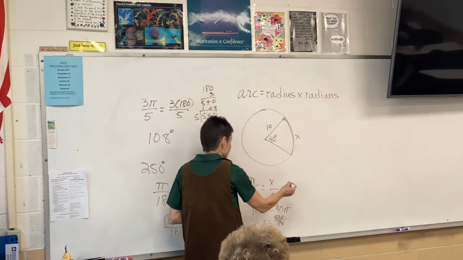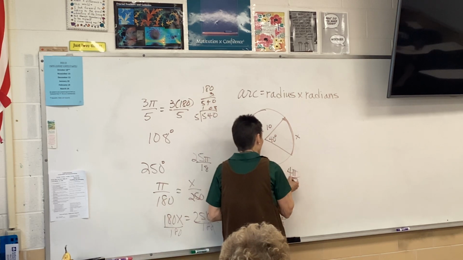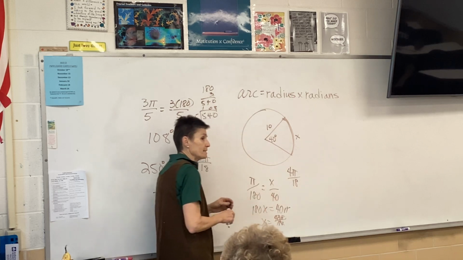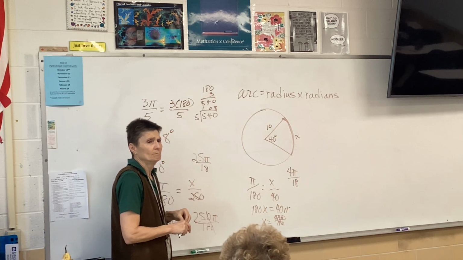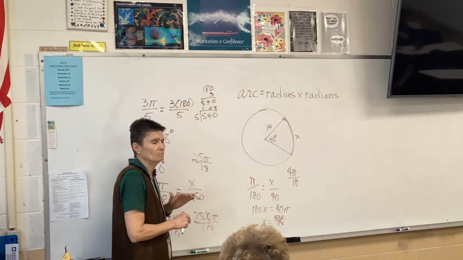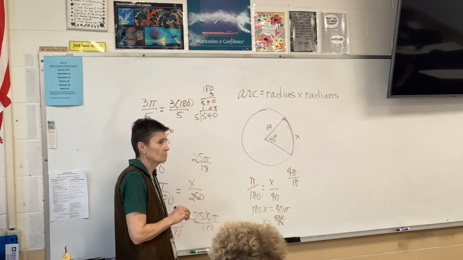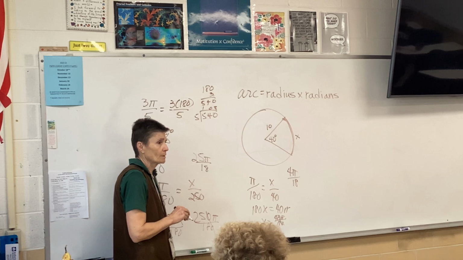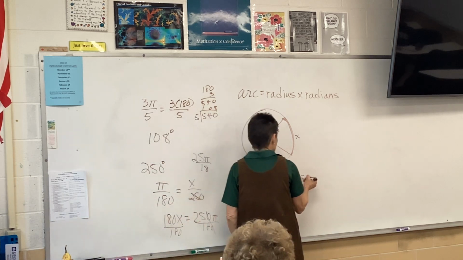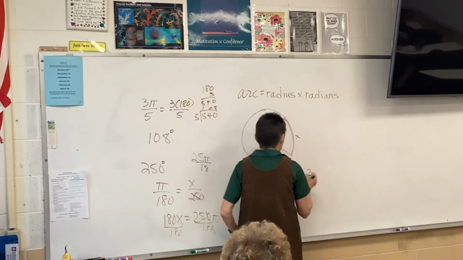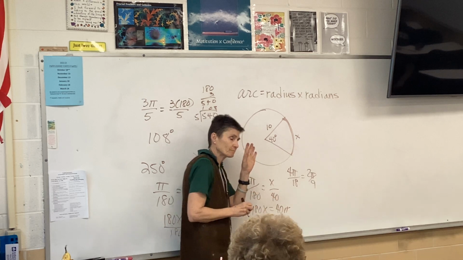The zeros cancel. What about 4 pi over 18? Does that break down anymore? 2 over 9. So your angle is 2 pi over 9.